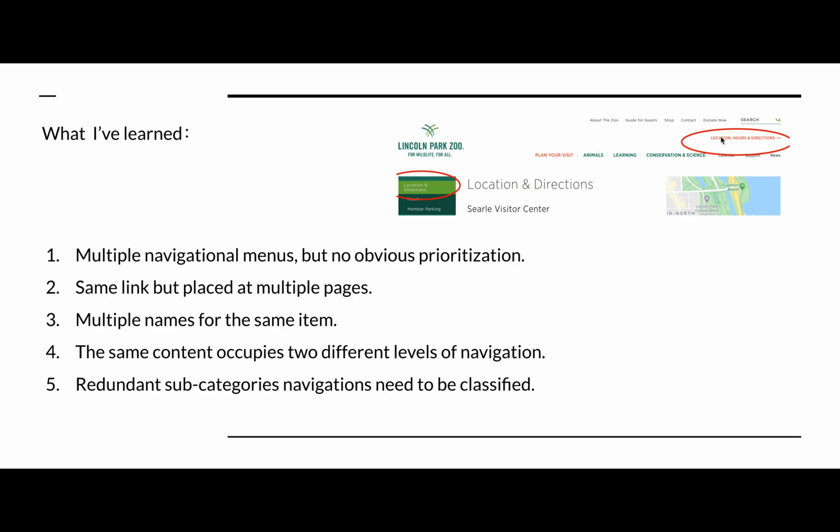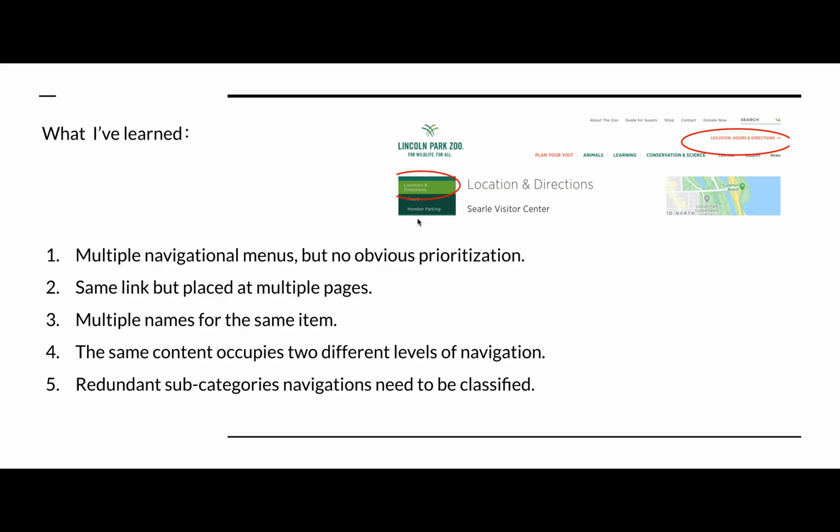As you see, it has the same link on 2 pages, but both link to the same content. There are also some redundant subcategory navigations that need to be classified, and some could be removed.